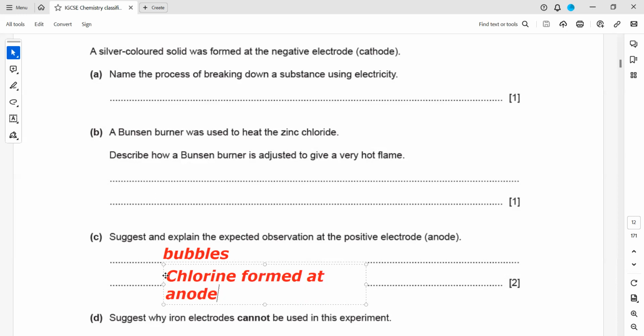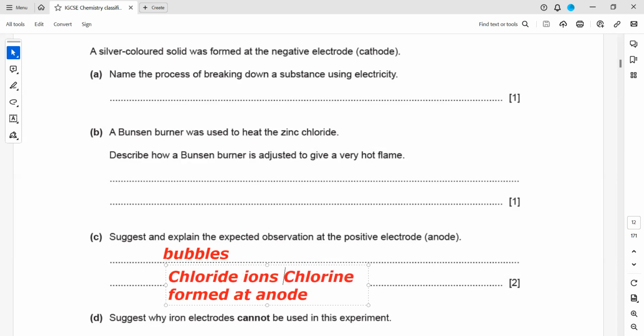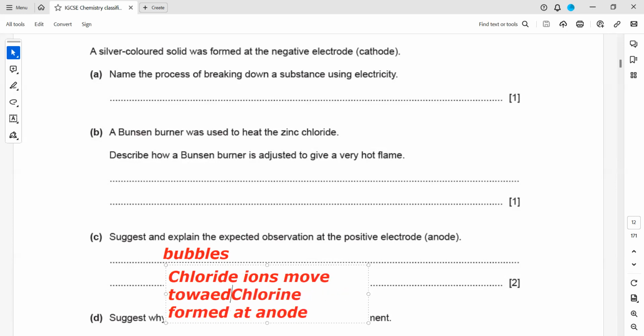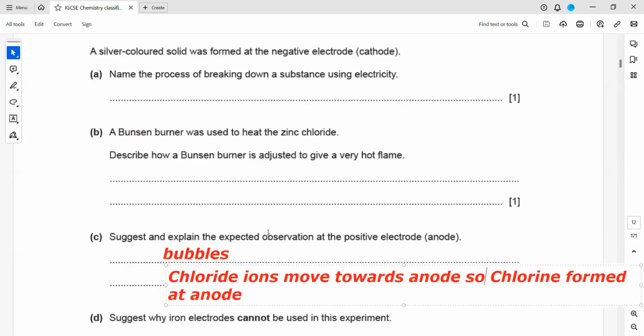Or to be more precise, you can say chloride ions move towards the anode and form chlorine. So chlorine will form at the anode.